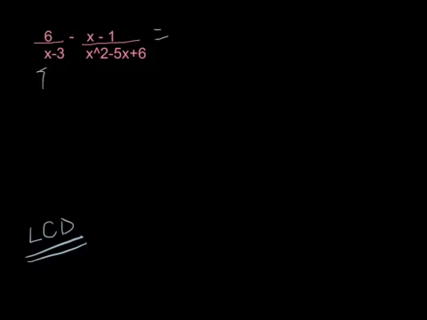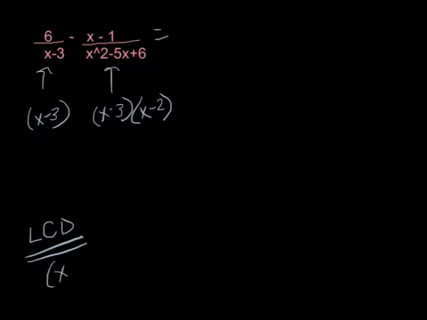Well, my first expression, the only factor is x minus 3. If I factor the second denominator, I will get x minus 3 times x minus 2. Sorry. So the unique factors will be x minus 3 and x minus 2. And this will be my lowest common denominator.